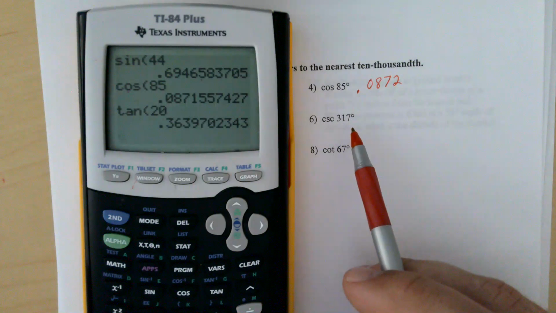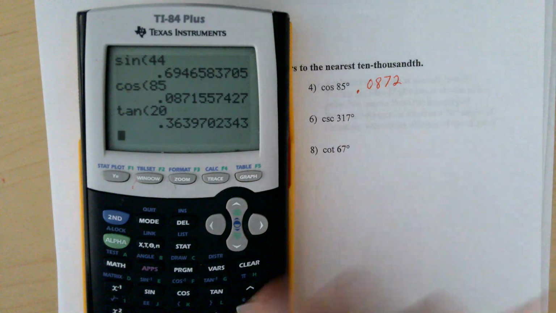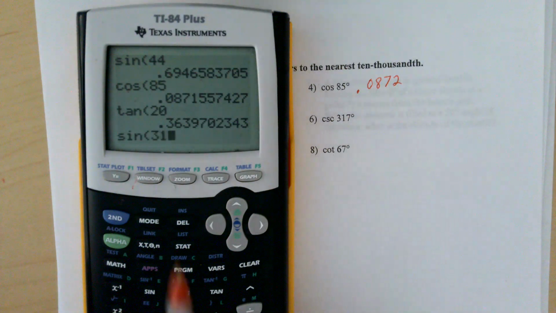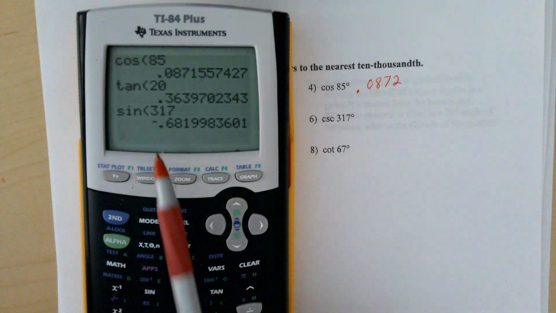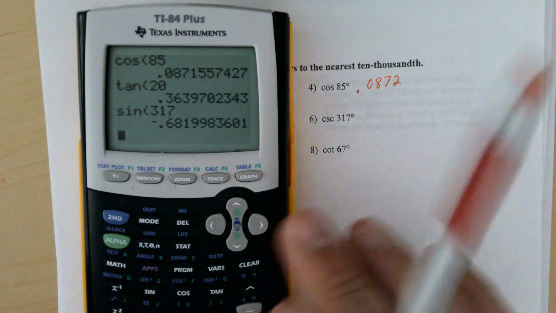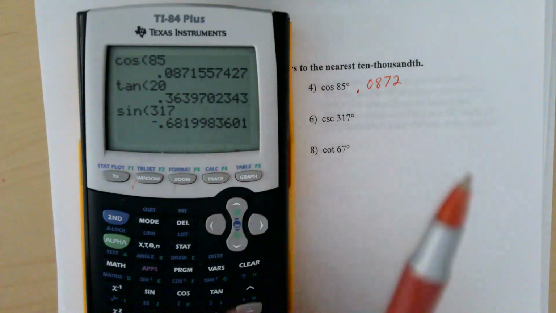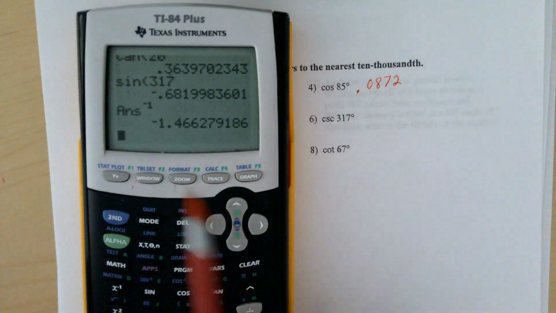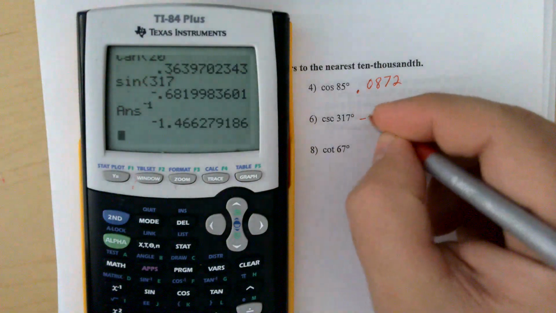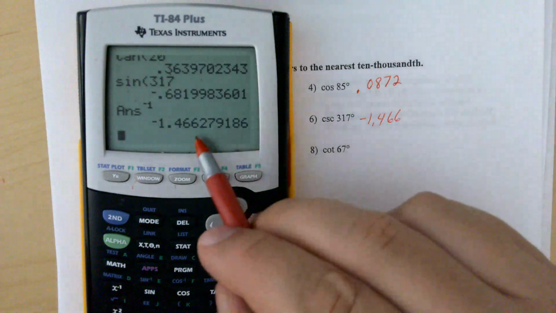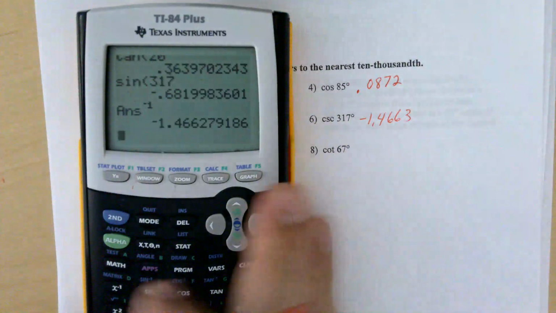For a right triangle, these should be acute angles, but you're going to see later on that I can take the sine of 317 degrees. It's a negative angle. We didn't even talk about negative angles, so this was a pretty poor example, but you get the idea. If it's cosecant, you're going to do the sine, but then you must hit x to the -1. I will not put a -1 on your quiz, but hopefully you get the idea of how you type these into your calculator.